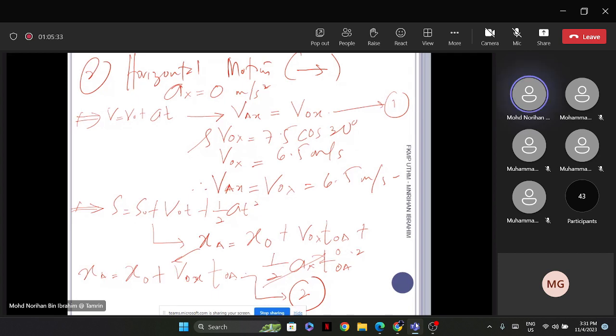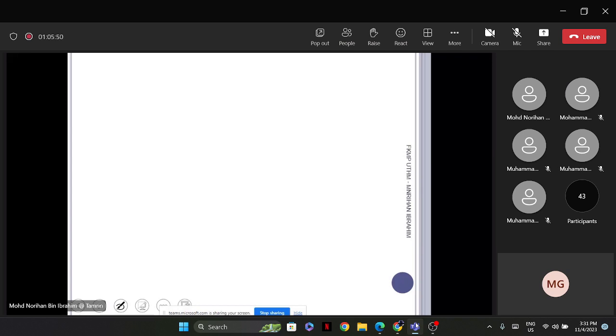In this case, XA is equal to 6 meter, X naught is equal to 0 meter, plus VOX is equal to 6.5, and the unknown is only TOA. Therefore, 6 is equal to 0 plus 6.5 TOA.